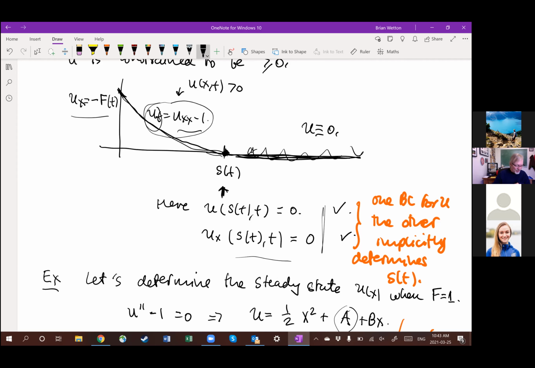You're not giving it any more oxygen. And in that case, this S of t moves this way. And because of the -1 term, everything decreases. And this S of t goes to 0 in finite time.